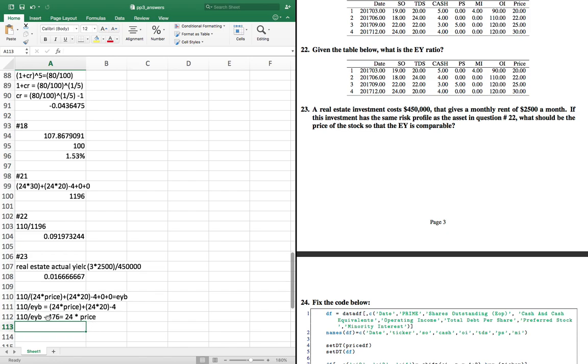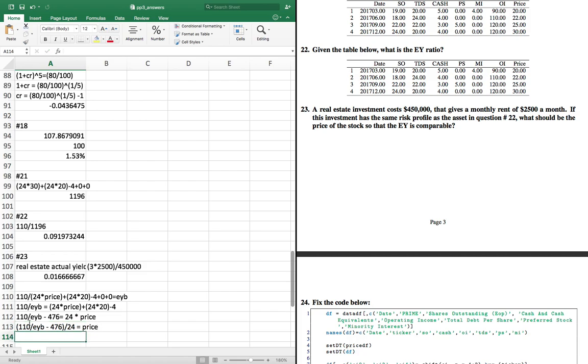Now all I have to do is divide by 24. So this now becomes 110 divided by EYB minus 476, divided by 24. And that's going to give me my price.